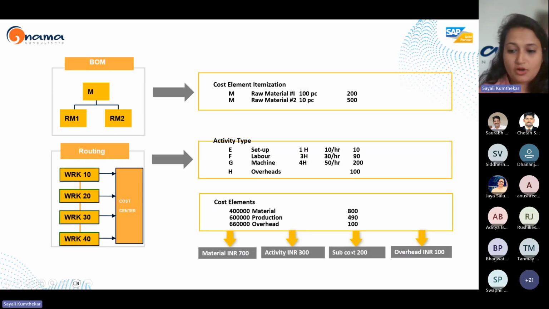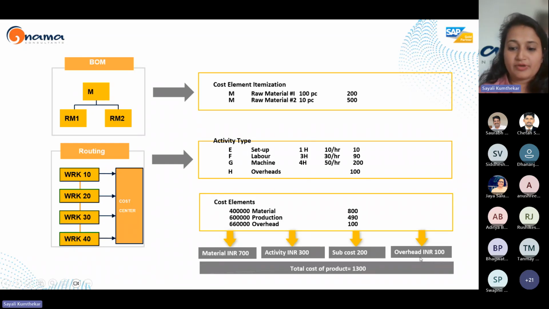My additional subcontracting cost is 200, because if I want to send that chair to subcontracting for some polishing or coloring, that cost we can also include in this product costing. And I have to incur some additional overhead of 100 rupees. So my total cost will be 1,300 with the breakup of these activities.